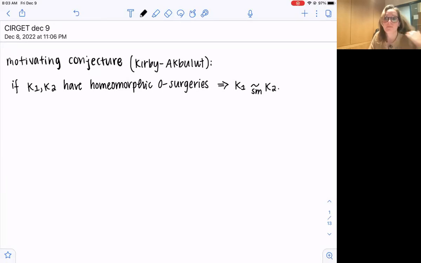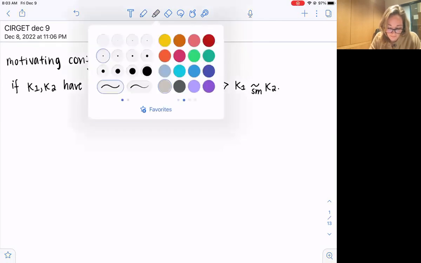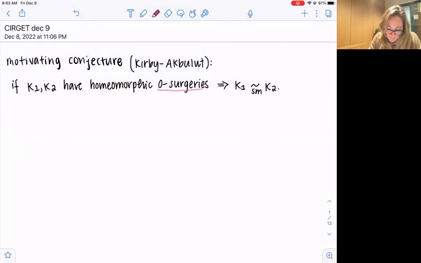And I'm going to provide some background of this question and what's already known, but first maybe I'll give a couple of definitions. And if at any point I don't provide a definition that you need, you should also feel free to ask for it. So what is a zero surgery?